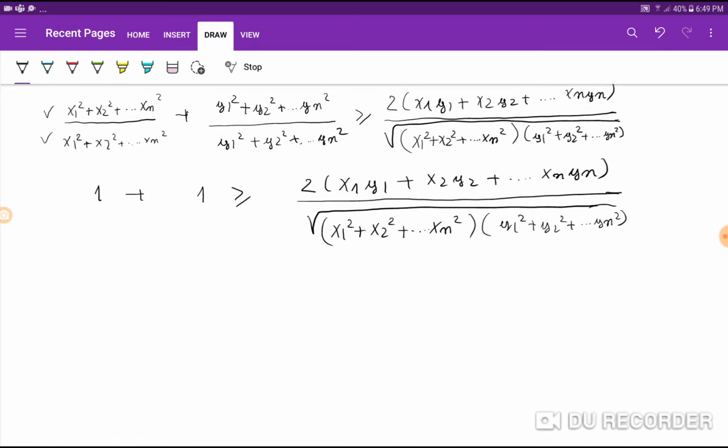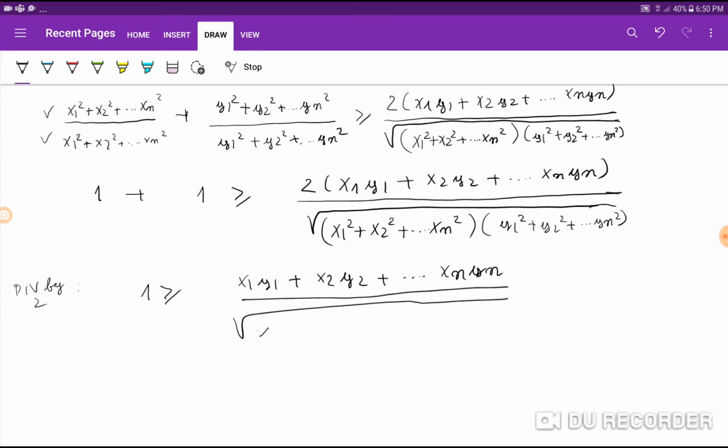If you divide by 2 on both sides, you have 1 greater than or equal to x1 y1 plus x2 y2 plus all the way to xn yn over the square root of x1 squared plus x2 squared plus all the way to xn squared times y1 squared plus y2 squared plus all the way to yn squared.